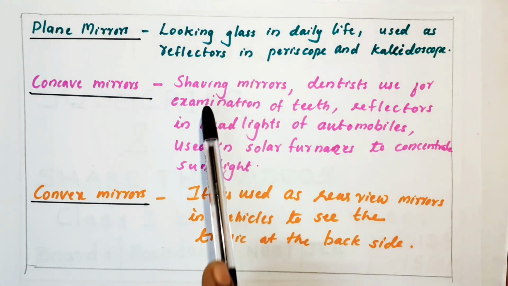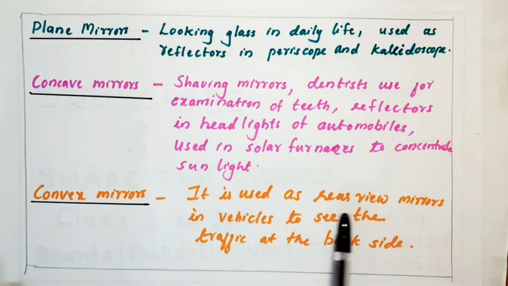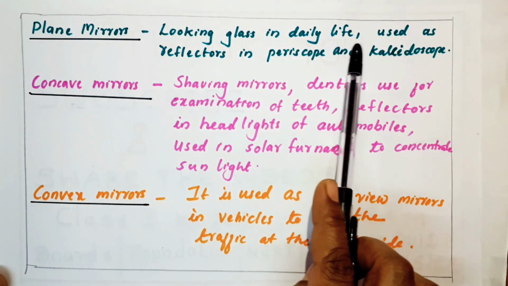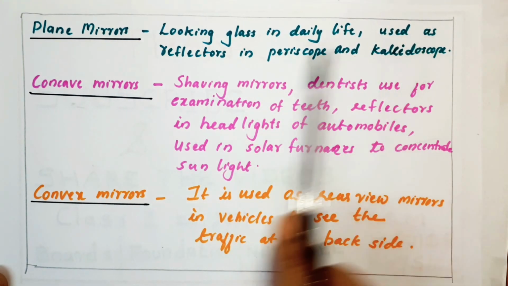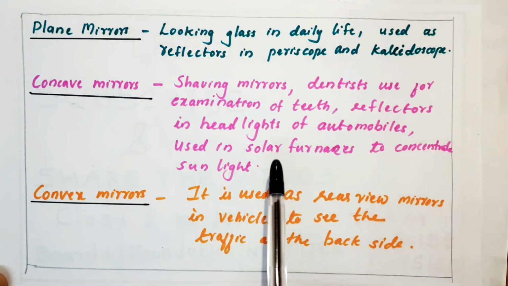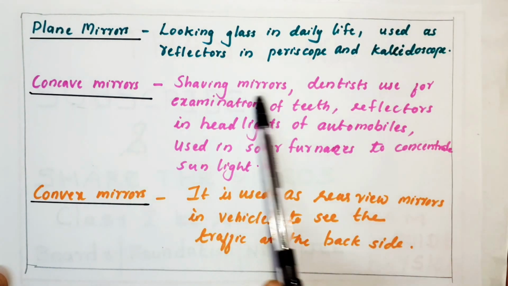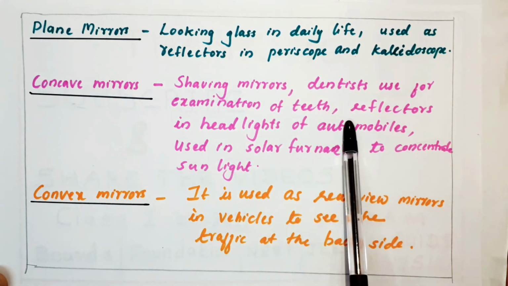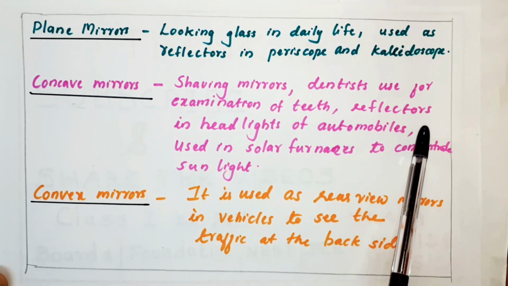Now, we discussed the plane mirror and the two types of mirrors. I'm just telling the uses. Plane mirrors are used as looking glass in our daily life. They are used as reflectors in periscope and kaleidoscope. Concave mirrors are used as shaving mirrors. Concave mirrors are used by dentists for the examination of teeth.